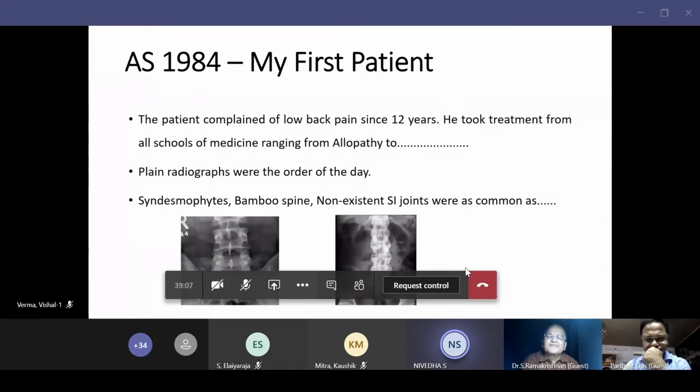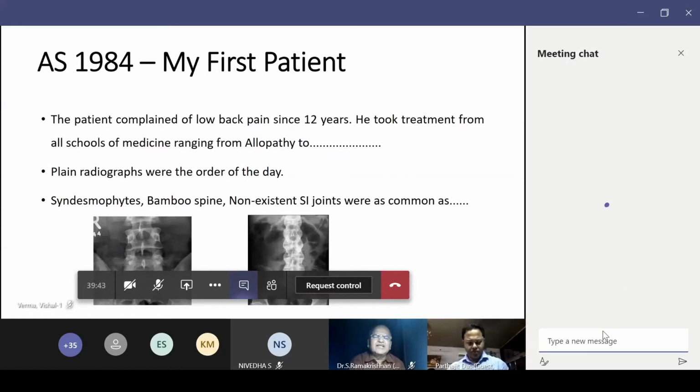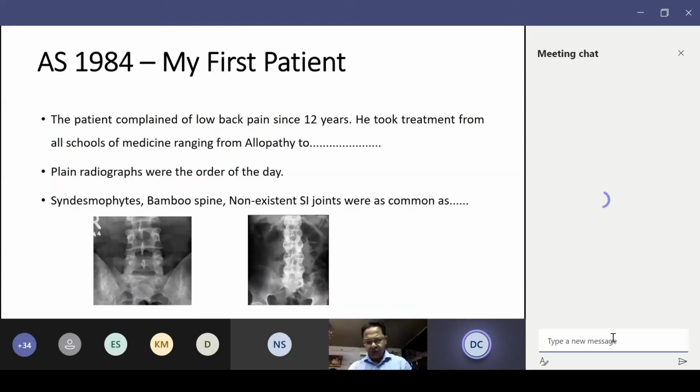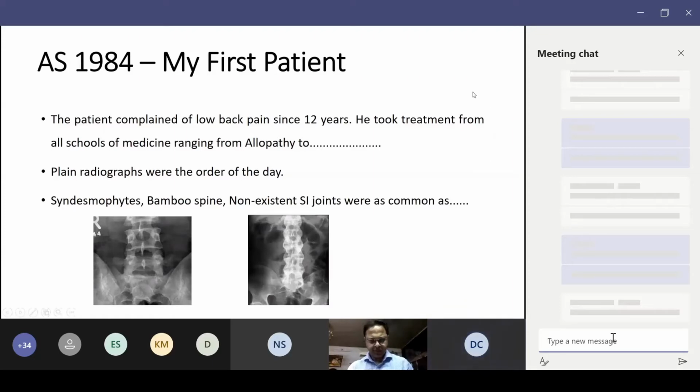Somebody has to be muted. I think sir is muted.